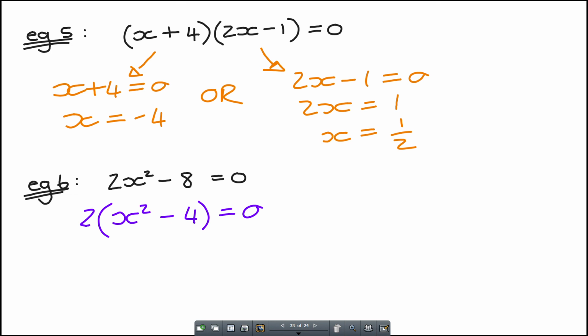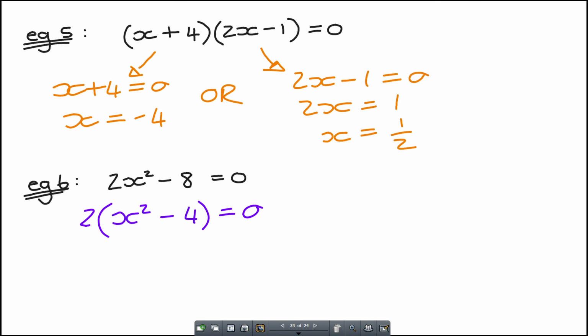Have a look at the bracket. Can't I factorize that further? If I put the difference there. Difference in 2 squares. Can you see I've got 2 terms? There's a minus in between and I can get the square root of each. So then it's that difference in 2 squares.